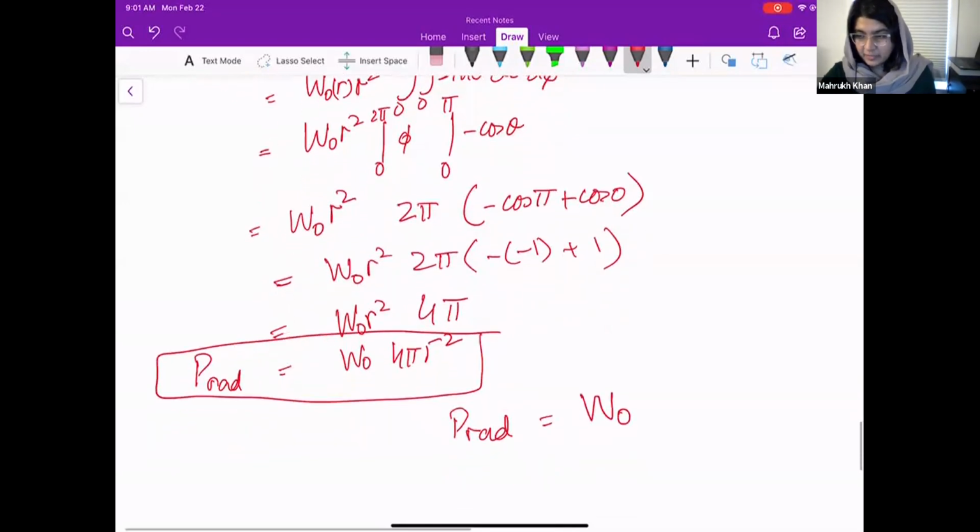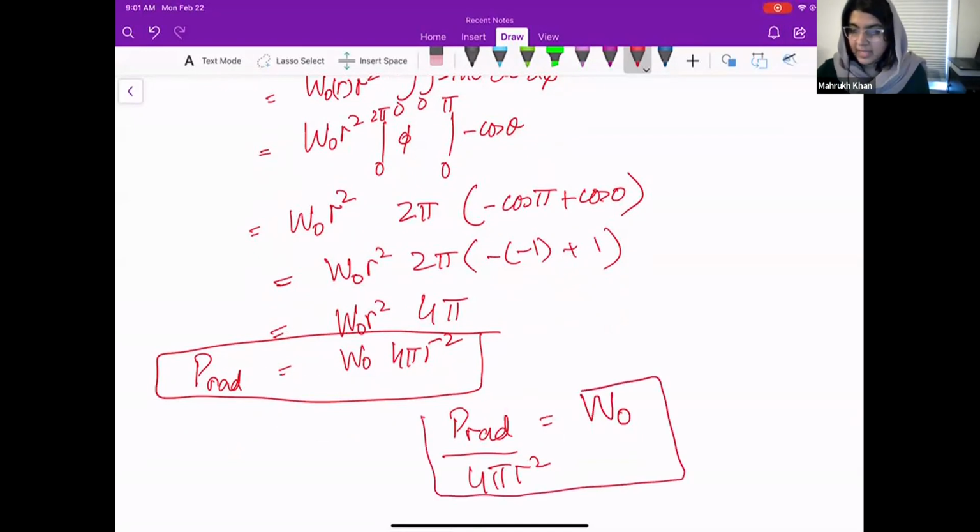So its power density is radiated power divided by 4 pi r squared. That's another relationship we found for an isotropic radiator.